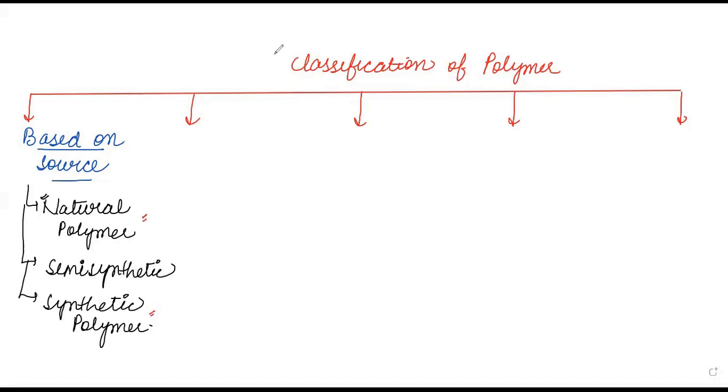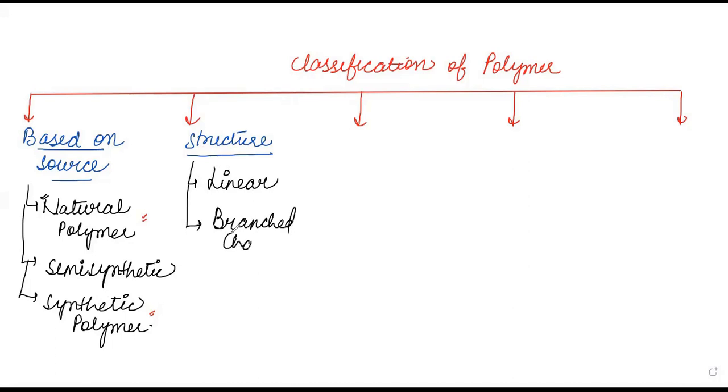Now the second type is based upon the structure of the polymer. Based upon structure, it is of three types. It may be linear polymer, branched chain polymer, and the third type is cross-linked, which we call network polymer.